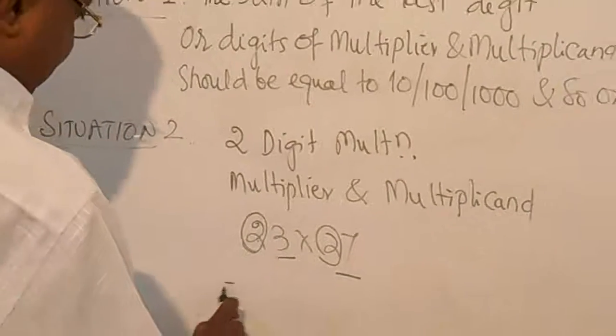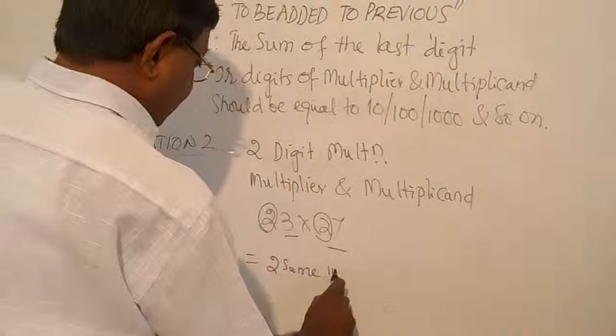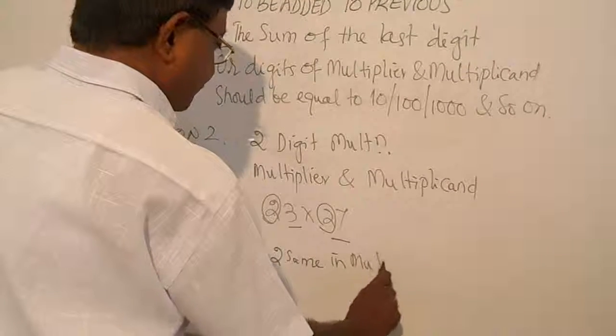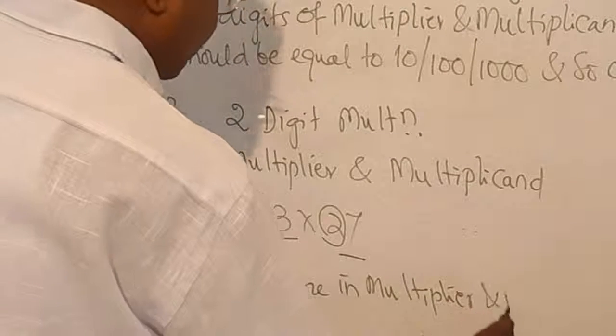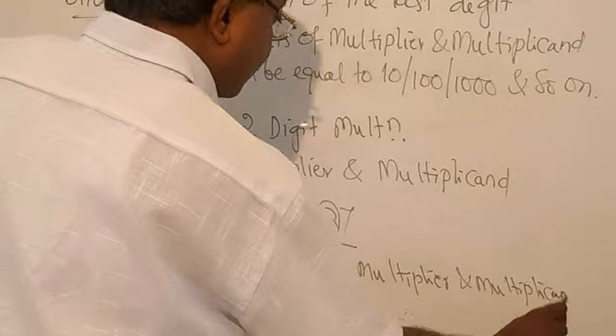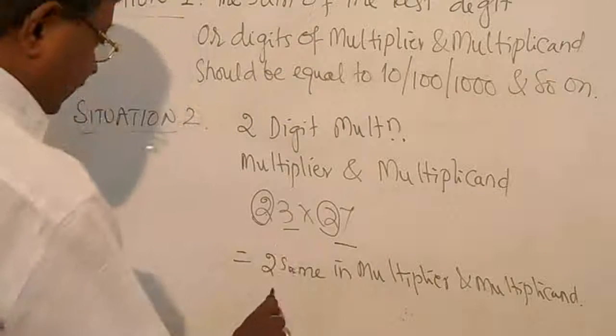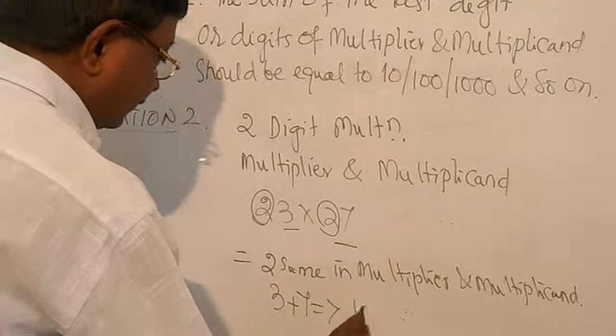So we see here 2 is the same in multiplier and multiplicand, and 3 plus 7 equals 10.